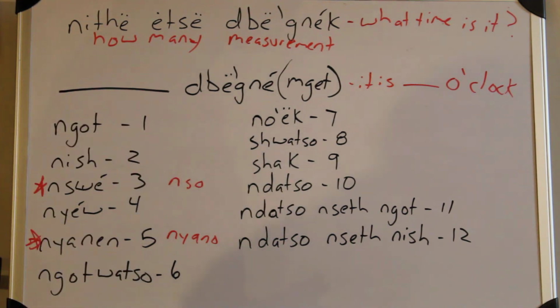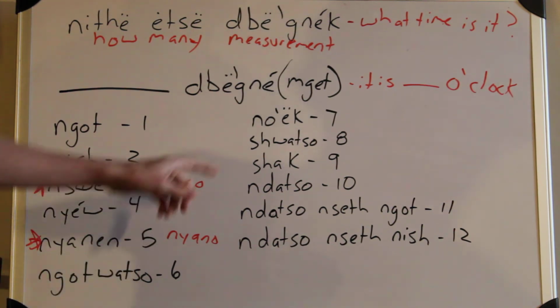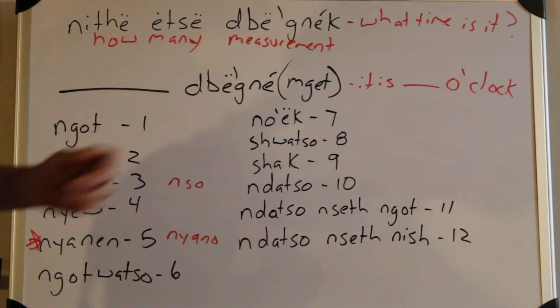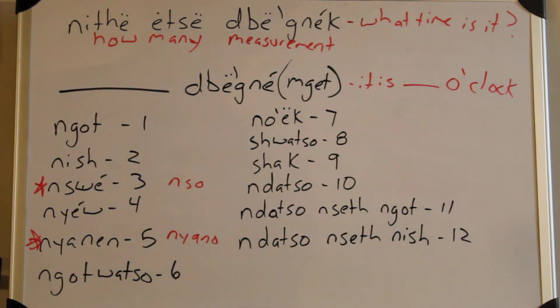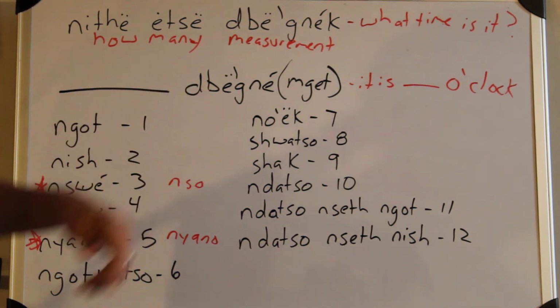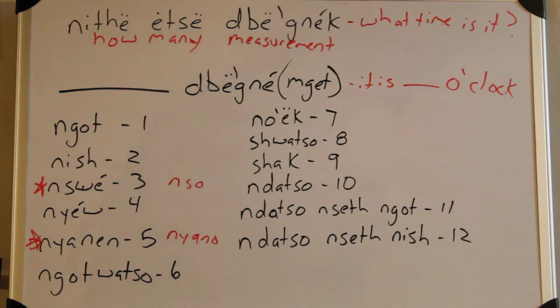7 is no'uk. So 7 o'clock, no'uk debuganak. 8 is shwatso debuganak. It is 8 o'clock.